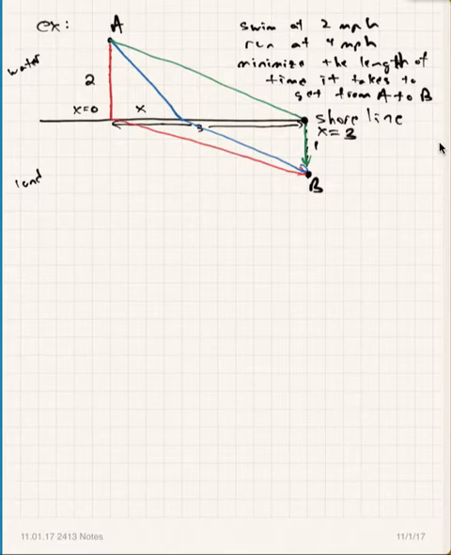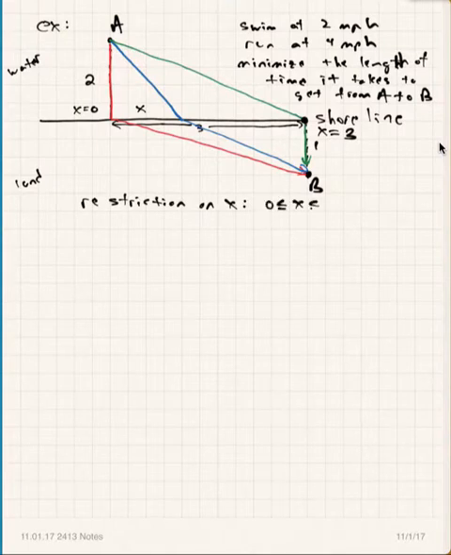So the restriction on x, we'll write that down right away: x has to be in the closed interval from 0 to 3. This is a closed interval problem, and x could be anything from 0 to 3 or something in between. All right, so now what are you trying to do here? You're trying to minimize time.